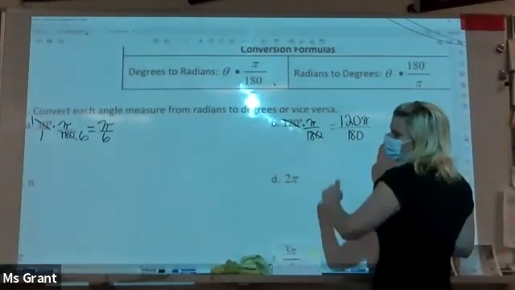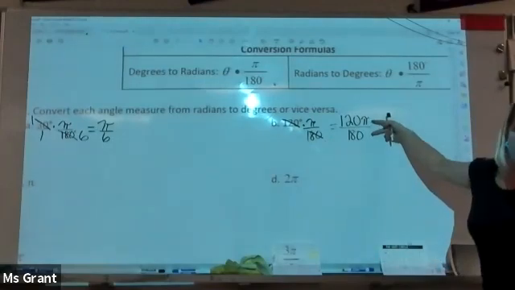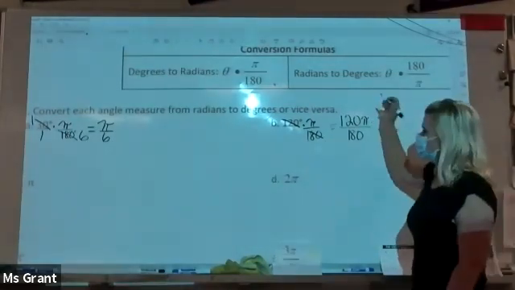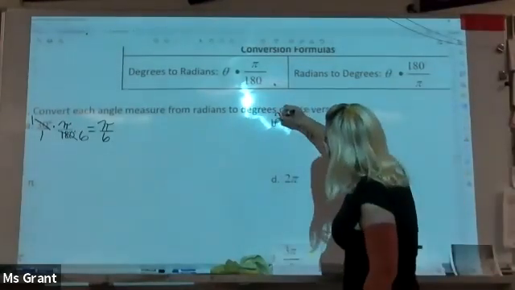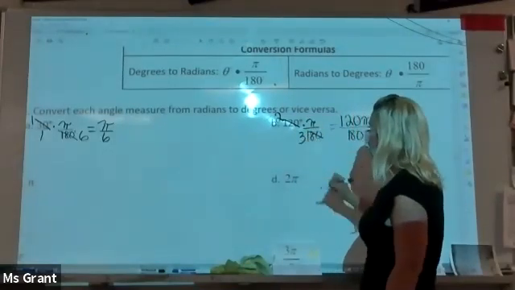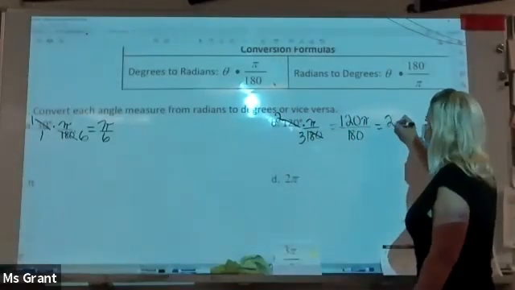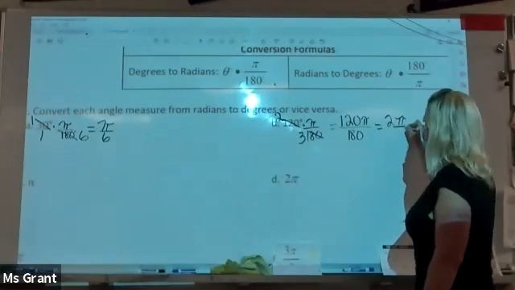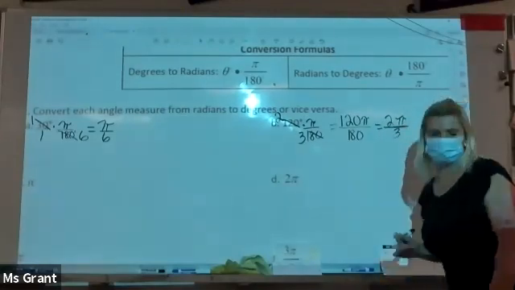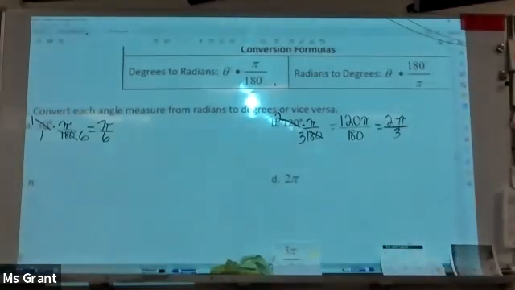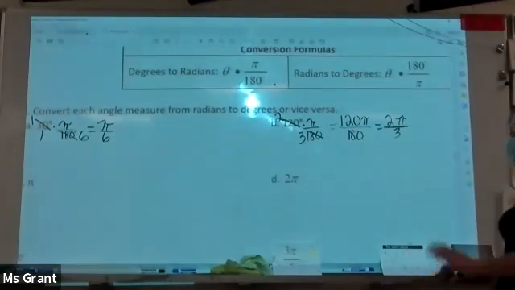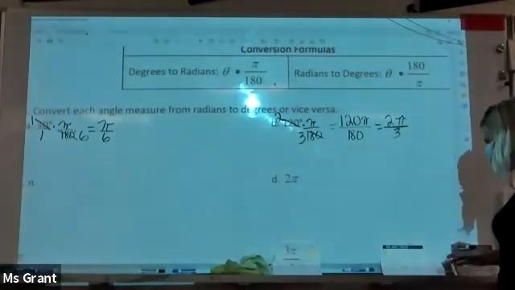If you don't like cross-canceling, do this and then simplify. 60 goes into 120 twice, and it goes into 180 three times. 2 pi over 3. 2 pi over 3 is in the same position that 120 degrees is.